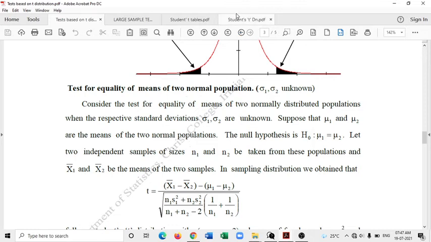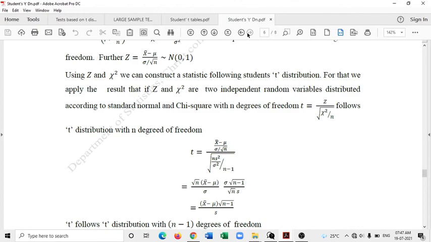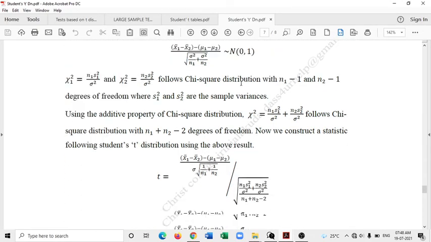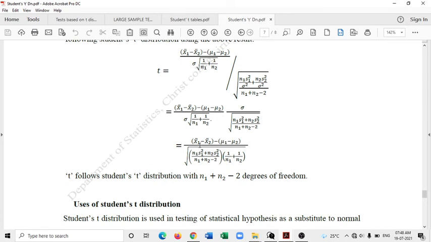So again in the sampling distribution of student's t distribution, we have the statistic x1 bar minus x2 bar minus mu1 minus mu2, divided by root of n1 s1 square plus n2 s2 square by n1 plus n2 minus 2 into 1 by n1 plus 1 by n2, which follows T distribution with n1 plus n2 minus 2 degrees of freedom.